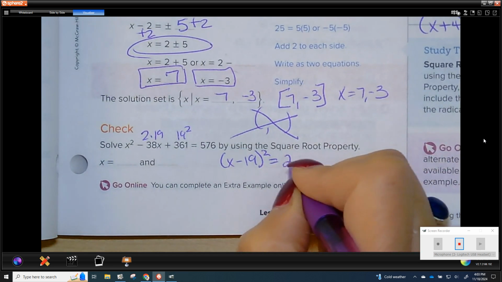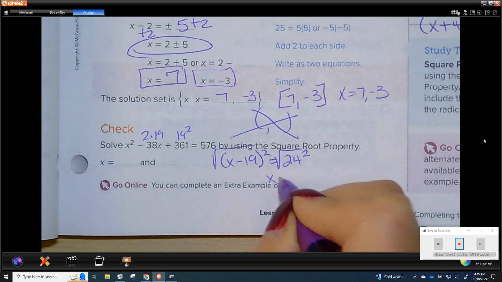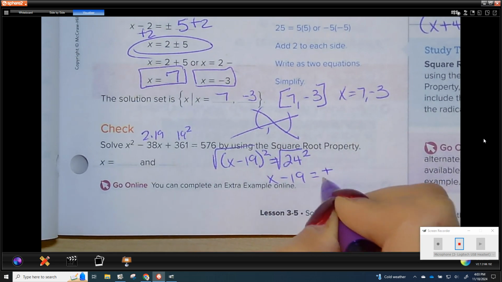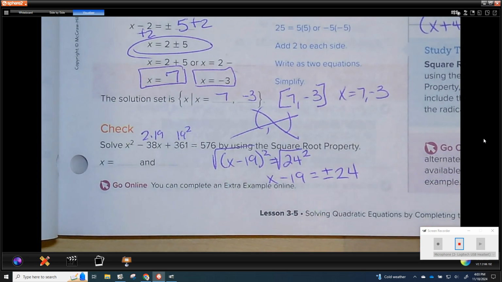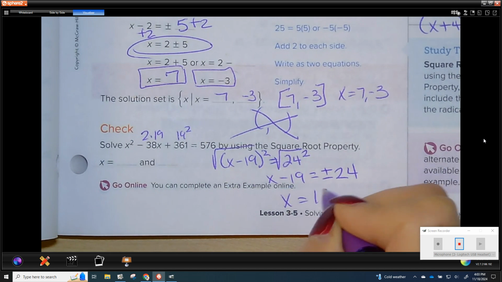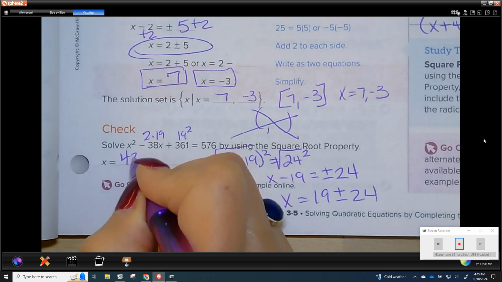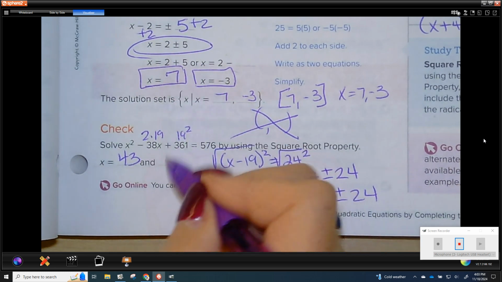So if I take the square root of both sides, I get x minus 19 equals plus or minus 24. Add 19 to both sides, x equals 19 plus and minus 24. So we have two answers. 19 plus 24 is 43, or 19 minus 24 is negative 5.